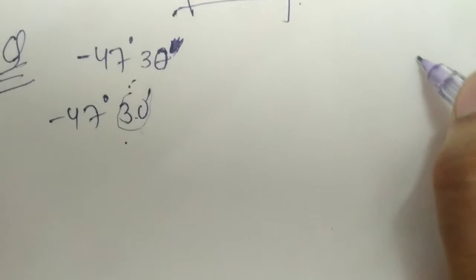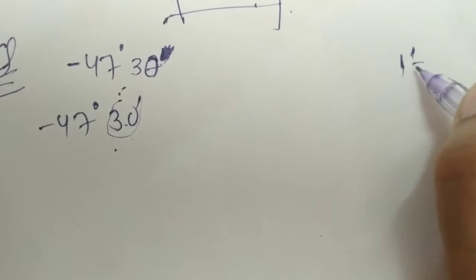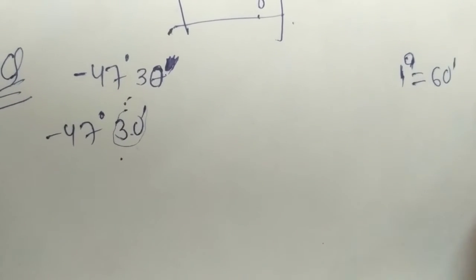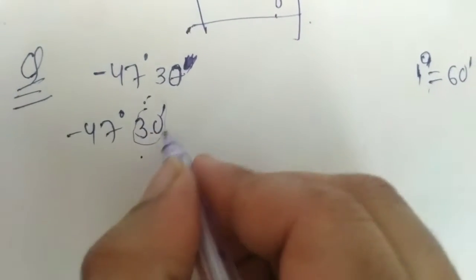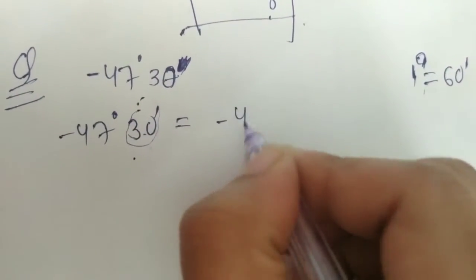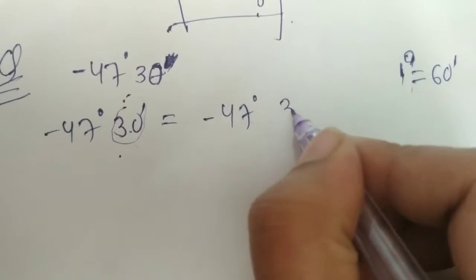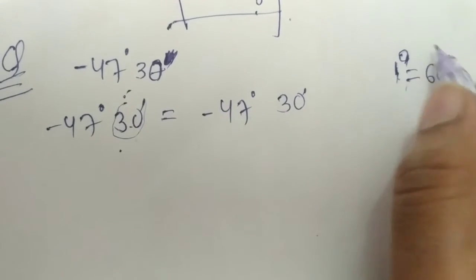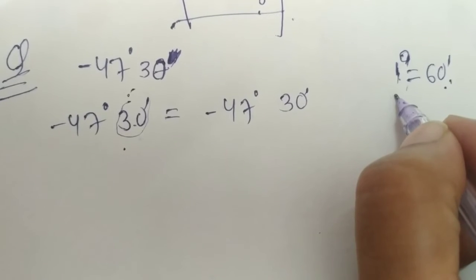We know that 1 degree is equal to 60 minutes. So we have minus 47 degrees 30 minutes. Now 1 minute will be equal to 1 upon 60 degree.